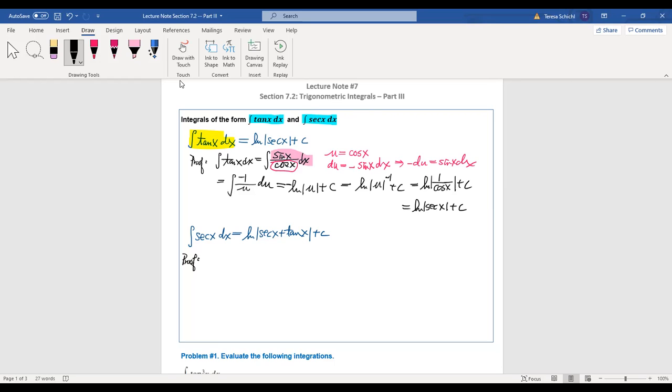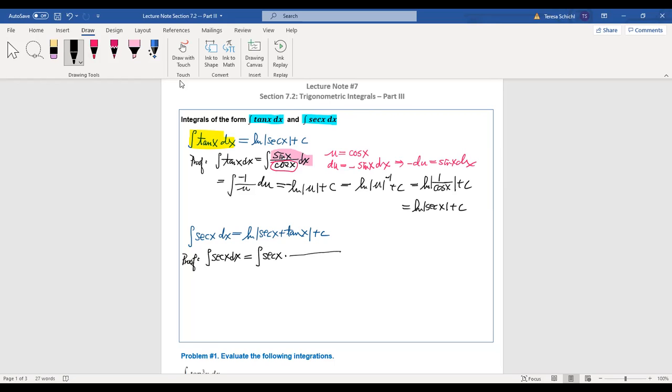To tell the truth, a lot of the time if you never saw this proof before and try to integrate secant x, it might not be an easy way to do. So now let's take a look at the integral of secant x dx. This is the trick I'm going to apply, and you will probably ask me why. Like I said, this is really from experience.